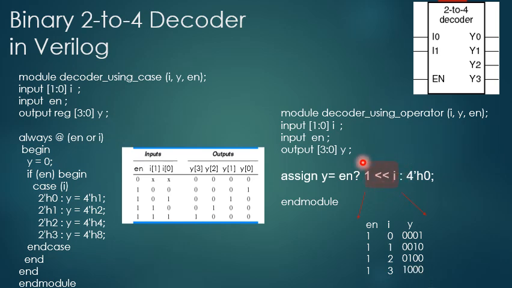So this highlighted shift left operator is representing the shifted pattern of this output, which is also the truth table or the output you can see in the function table of the decoder. Okay, that's why you can use just one line to describe the function table of the 2 to 4 decoder.